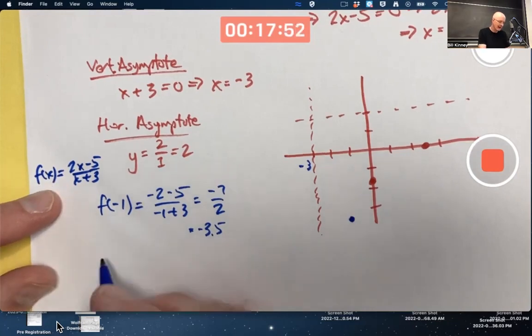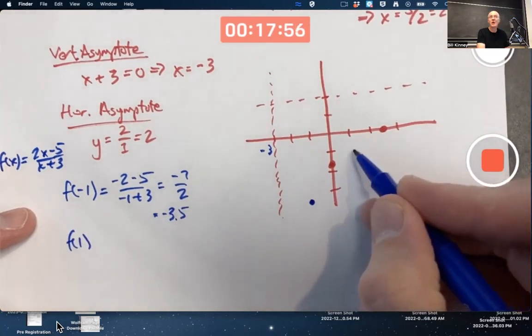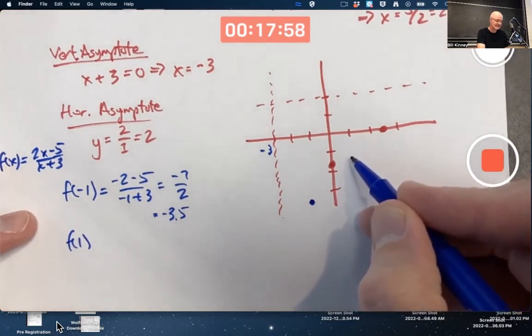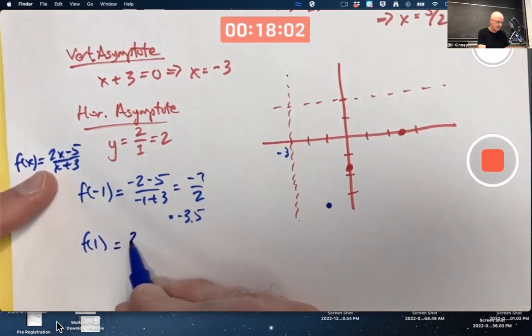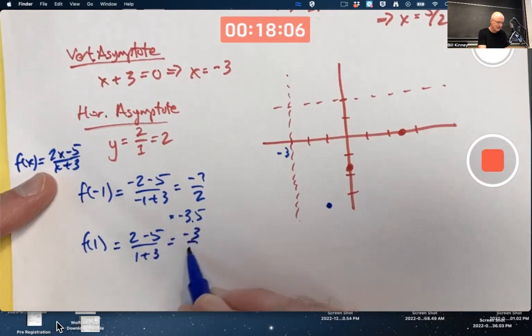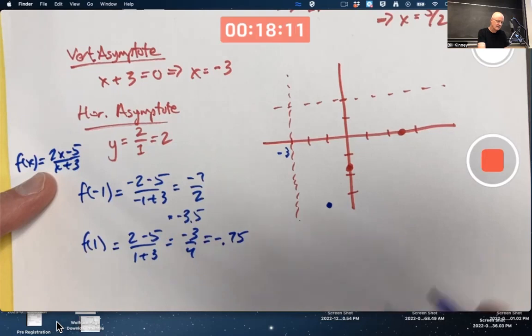Let me find f of +1. Should be somewhere in the ballpark of -1, I'm guessing. Plug it in there, get 2 minus 5 over 1 plus 3. -3 divided by 4, -0.75, not too far from -1.